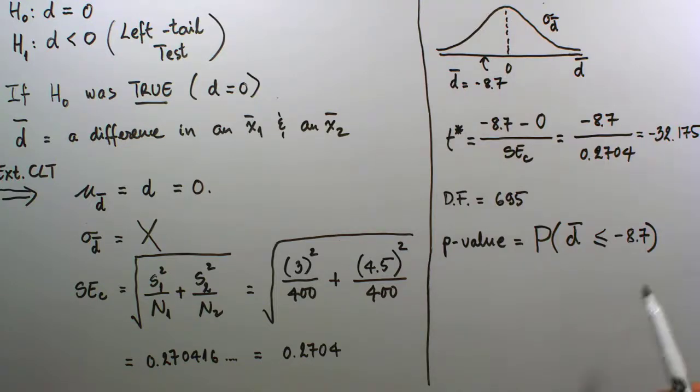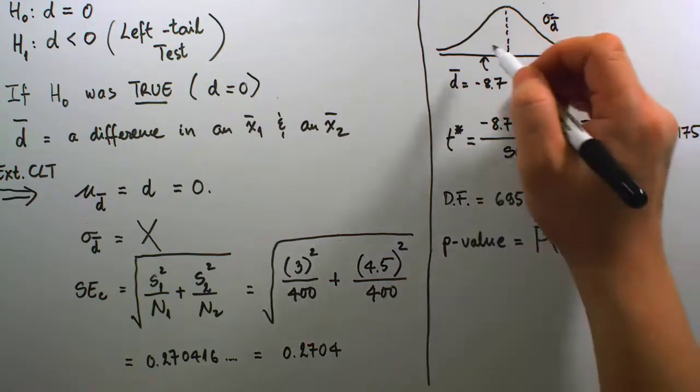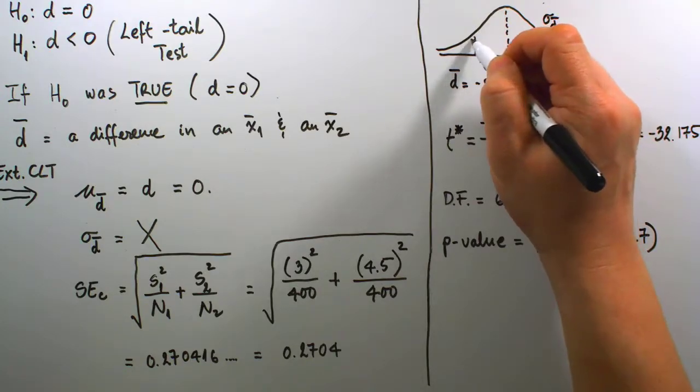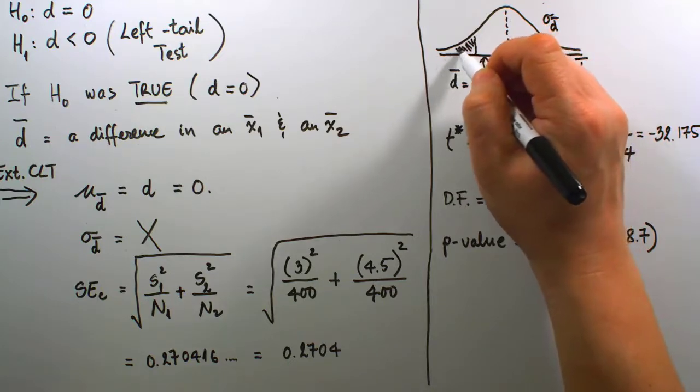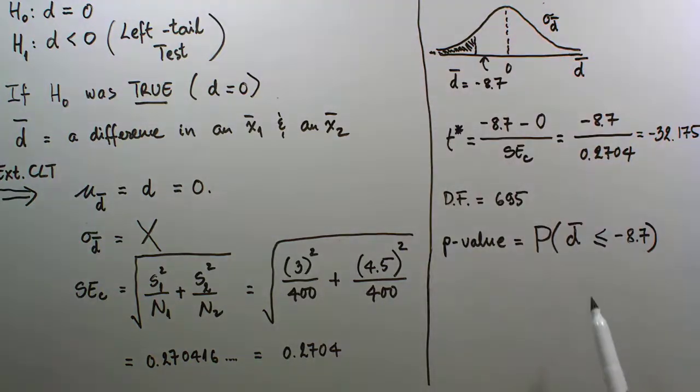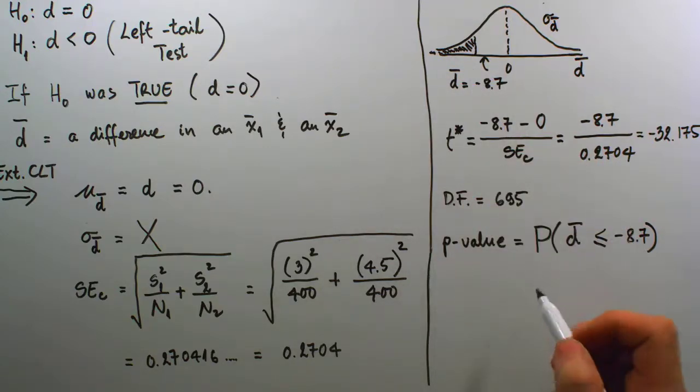And so this probability will be graphically understood as the shaded area to the left-hand side of negative 8.7 on this bell curve. But now since we don't have a z-score, but instead a T star score, then finding that area must be done by doing the following work.